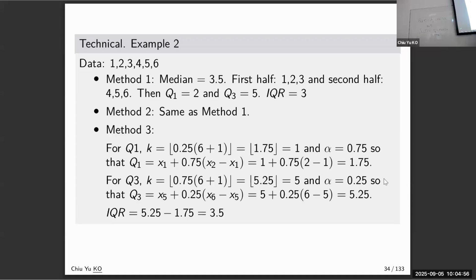And 5.25 is just from the 5th, you go by 0.25 here. The graph is x5 and x6, but you go only a quarter of the distance between them.